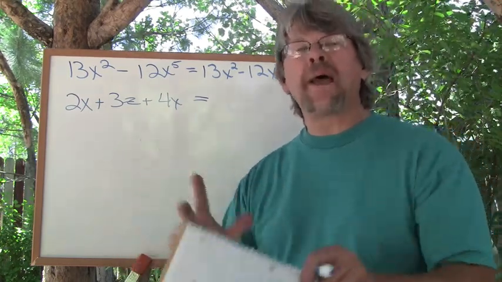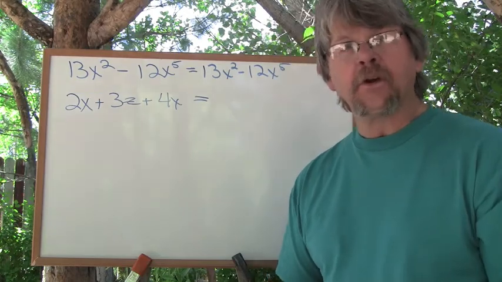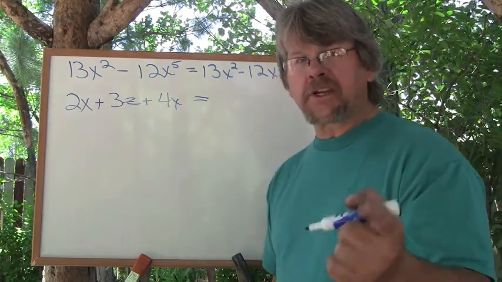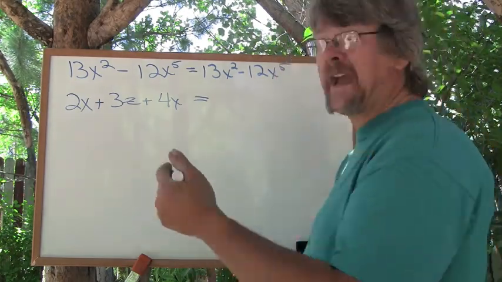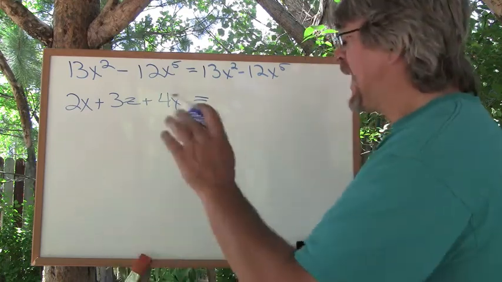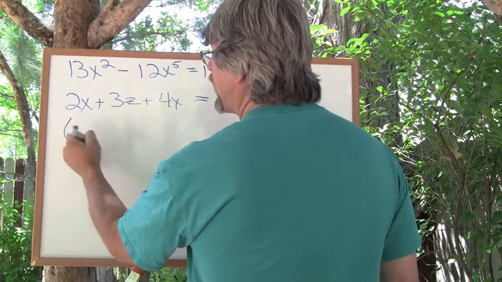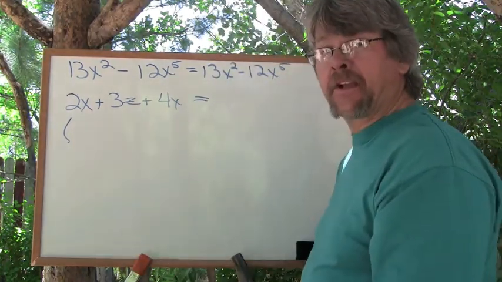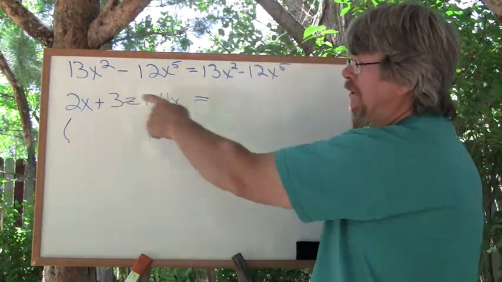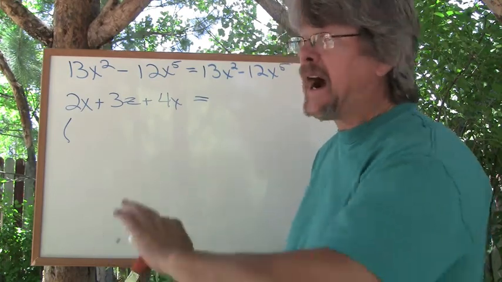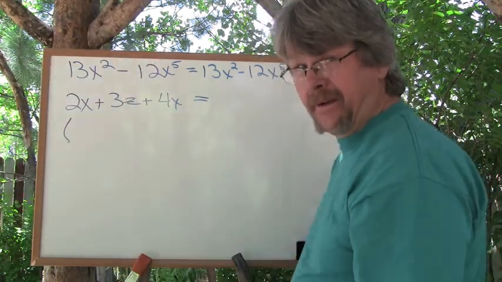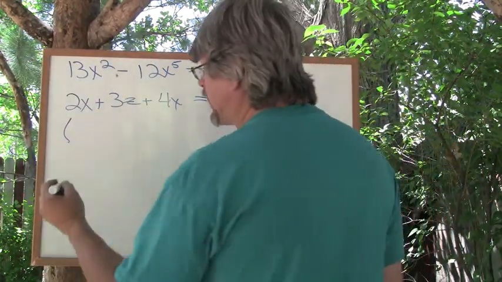We want to collect the like terms together. Here's where your parentheses become your best friends. They will help you clarify and keep things straight. It's very important to do this now. Get used to this now, because when you get into an equation that has 59 terms, I promise you're going to get lost if you don't group things together.